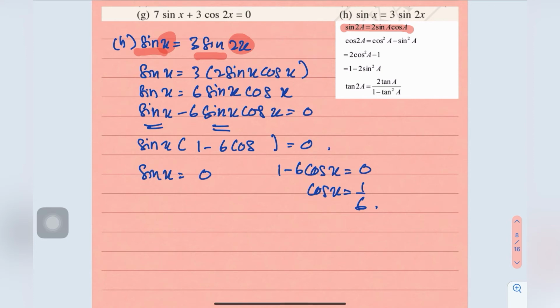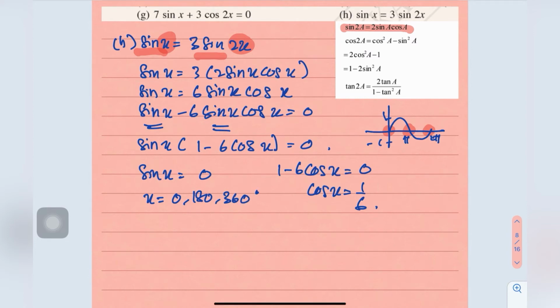For sin x equals 0, using the graph of sine, from 0 to 2 pi, maximum 1, minimum negative 1, the zeros are right here, here and here. So the angles x are 0 degrees, 180 degrees and 360 degrees.